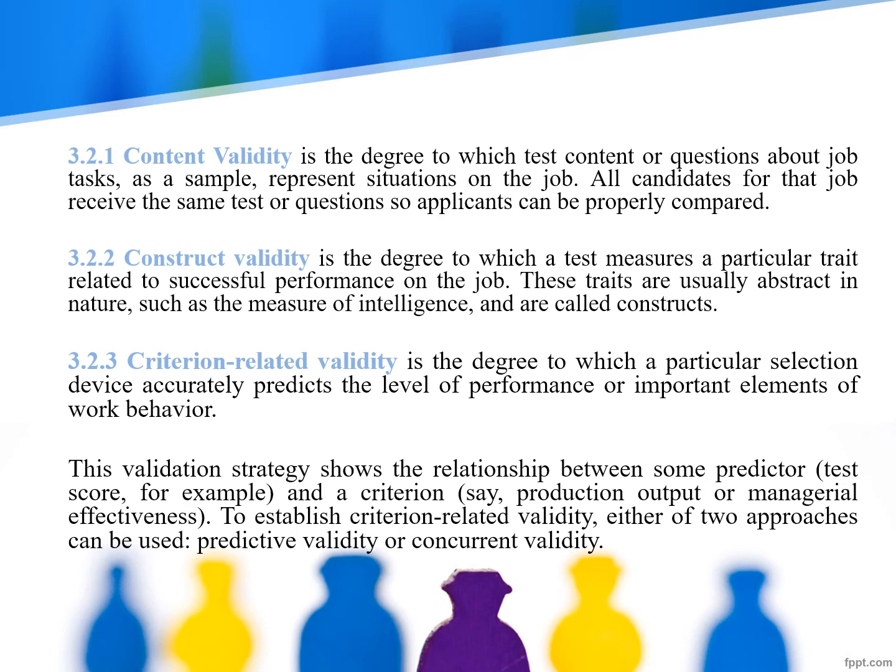This validation strategy shows the relationship between some predictor, test score for example, and criterion, say production output or managerial effectiveness. To establish criterion-related validity, there are two approaches which can be used: predictive validity and concurrent validity.